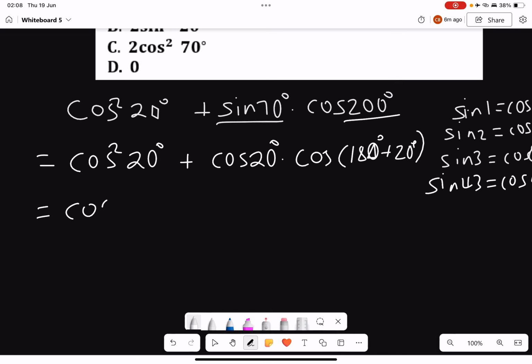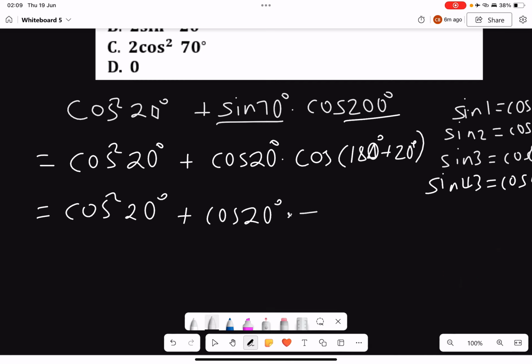So ladies and gents, let's see now. We have cos squared 20 degrees plus cos 20 degrees multiplied by cos 180 plus 20. We are in the third quadrant, so the cos is negative in the third quadrant.